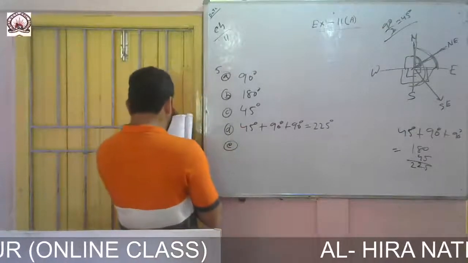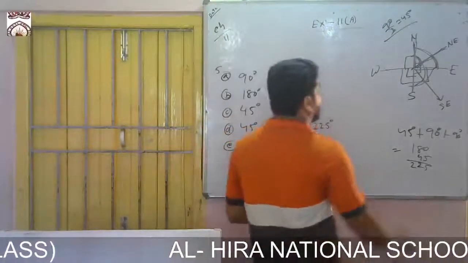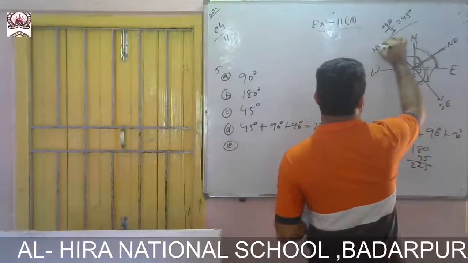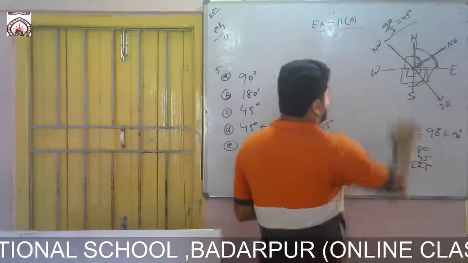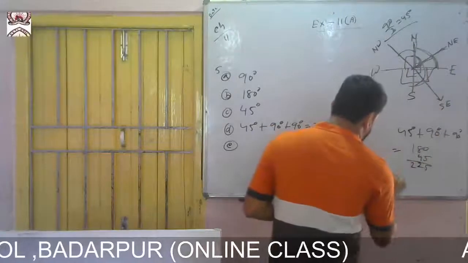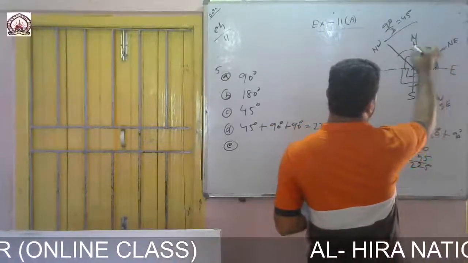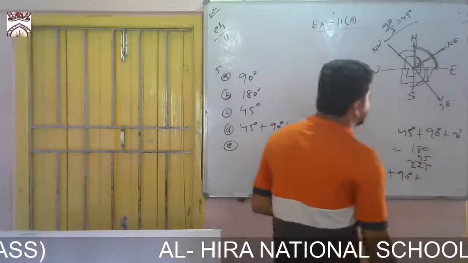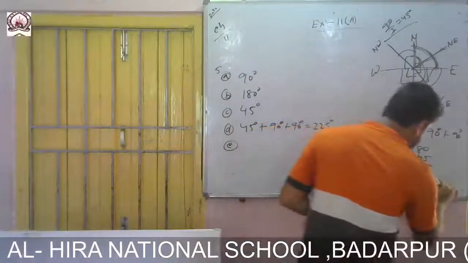Now come to E. What is there? From NW to SE. NW will be this one. NW to SE, up to this one, clockwise. This one is 45, then this portion will be 90, plus up to SE this one again 45.